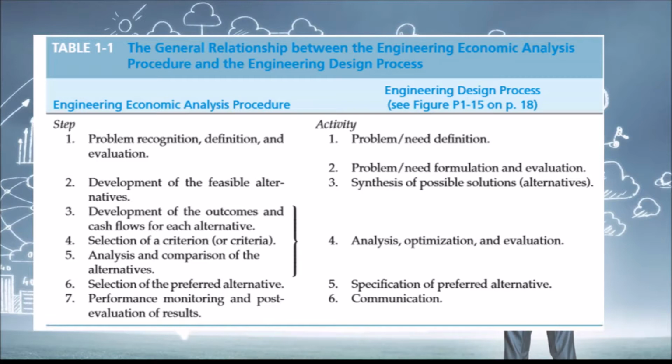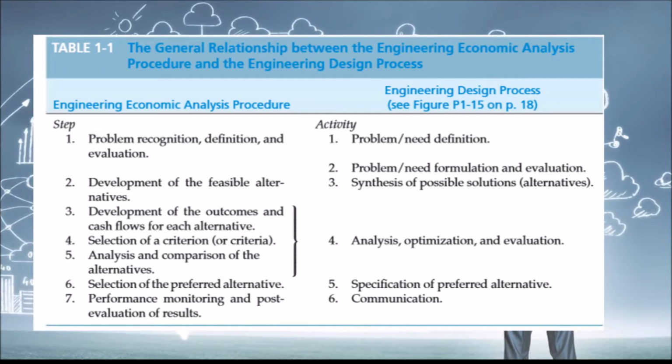The activity that corresponds to it in the engineering design process is problem or need definition. Step 2, development of the feasible alternatives. The activity that corresponds to it is problem or need formulation and evaluation and synthesis of possible solutions or alternatives.